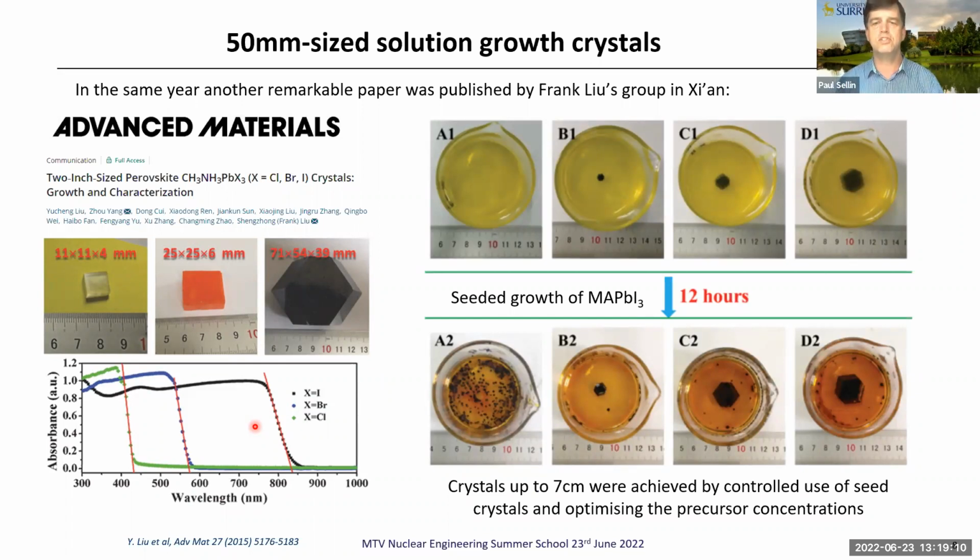Here's a sequence. In this case, it's MA lead iodide, which tends to grow a little bit faster than the other two. And you can see this is a sequence A to B to C to D. And then left over 12 hours, the crystal has continued to grow.